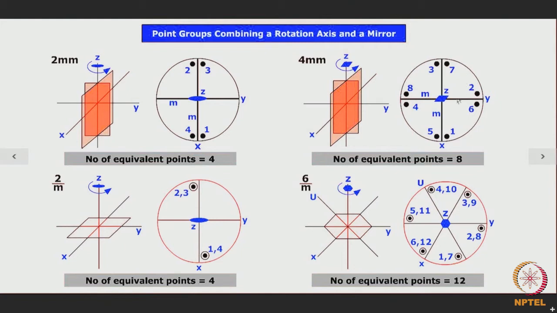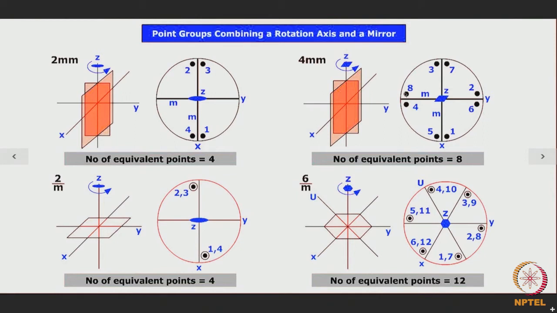Now, look at this particular line. All the points are arranged in such a fashion as if there is a mirror along this line too. For example, if there is a mirror along this line, then 3 and 5 are mirror reflections, 7 and 1 are mirror reflections, 2 and 6 are mirror reflections, 4 and 8 are mirror reflections.